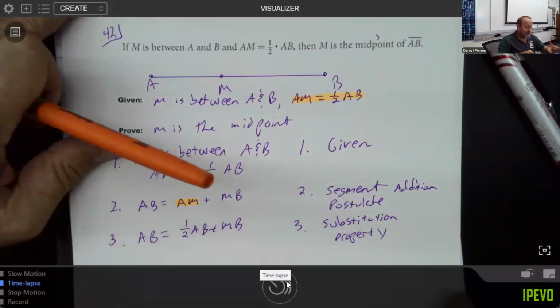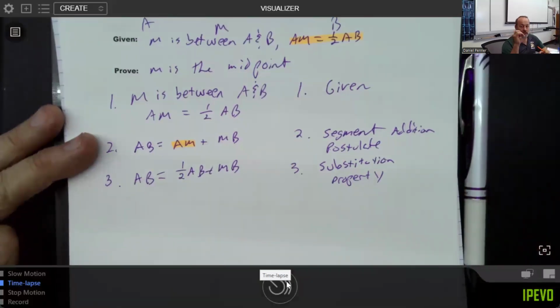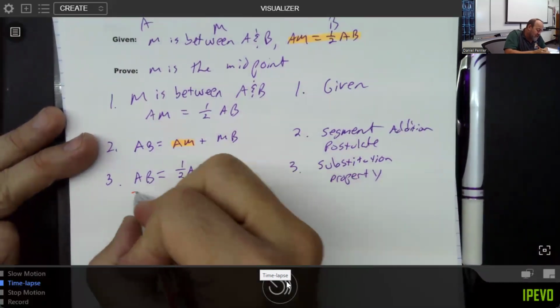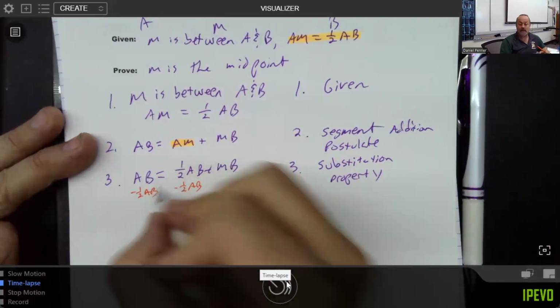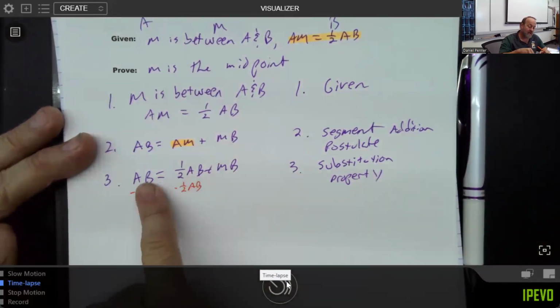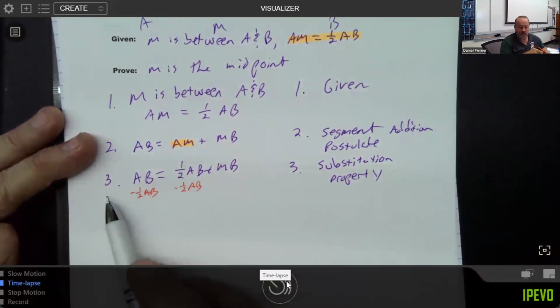Now, with that being stated, this is where I'm going to do it a little different than I did that last one, because sometimes I try to go for a shorter, quicker proof. I'm going to choose to take 1/2 of an AB away from both sides, because what I'd really like to do is get all of the ABs on the same side together. I think that makes sense. If this was an X and that was a 1/2 X, you'd want to put them together.